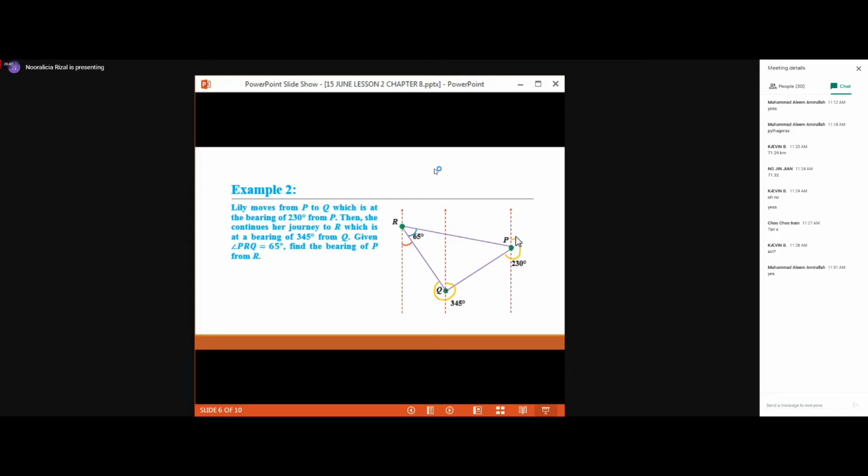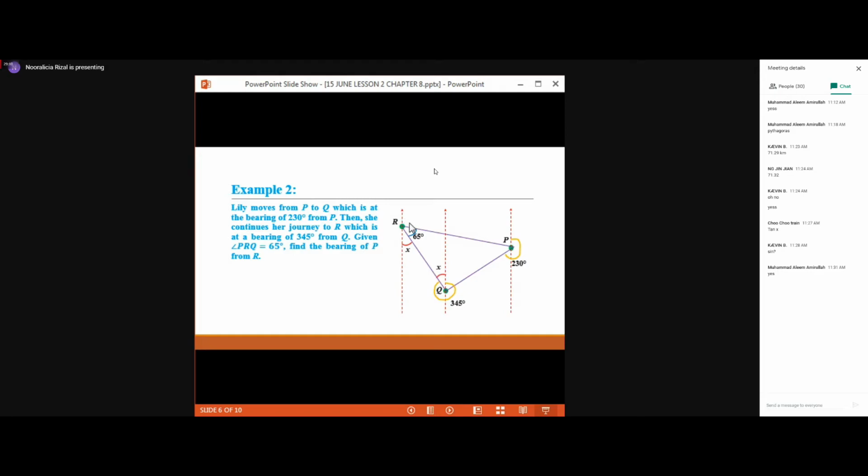It can move. Here also can be your north line. For R, the north line is also vertically upwards. So let's find out, drawing a diagram, where is your bearing of P from R? It should be there.